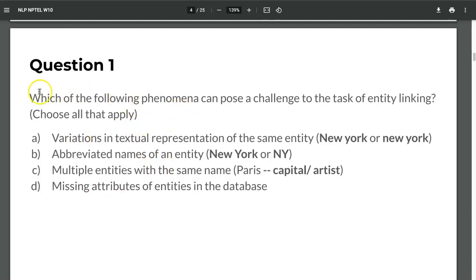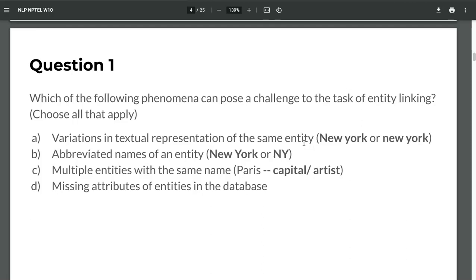One of the questions is: which of the following phenomena can pose a challenge to the task of entity linking? So this question is asking what the problems are when you are going to link an entity with something. What are the challenges you can face? So what is the option? The first option is the variation in textual representation of the same entity. Yeah, so obviously this is a problem.